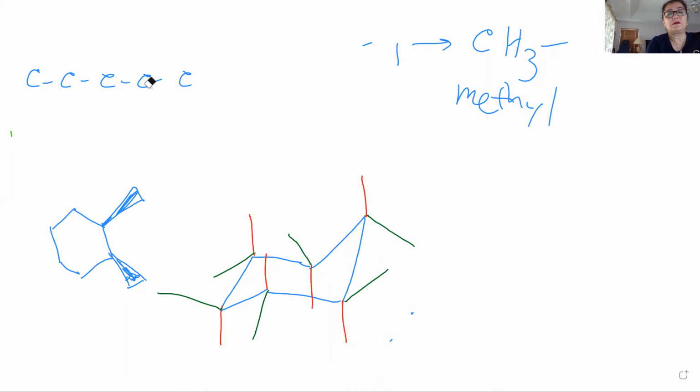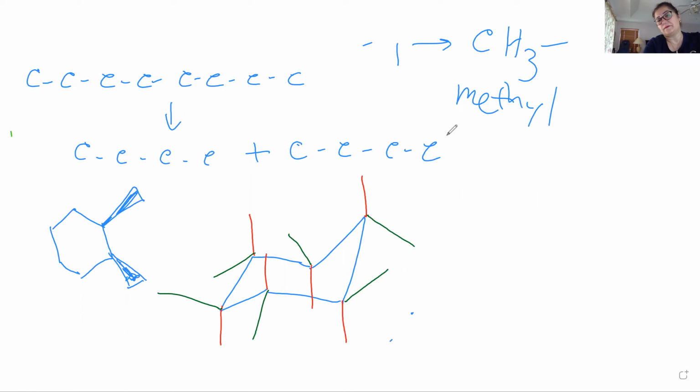one, two, three, 4, 5, 6, 7, and 8, if I counted correctly. So if you break this down to 2 4-carbon structures, do we have enough hydrogen to make 2 compounds with 4 carbon?